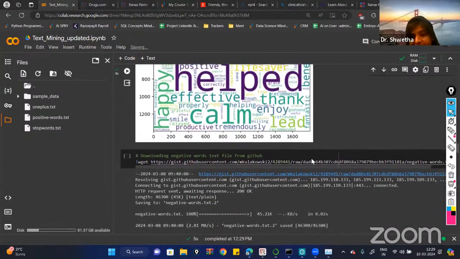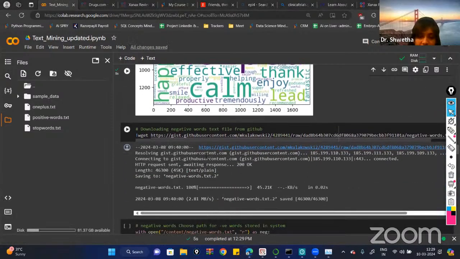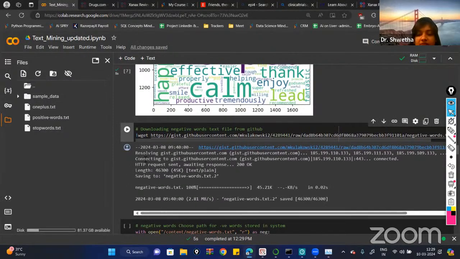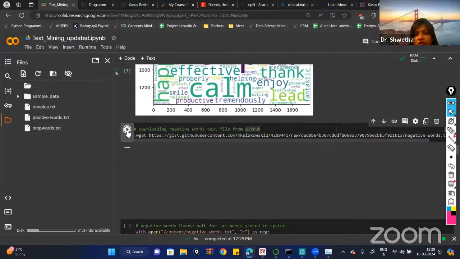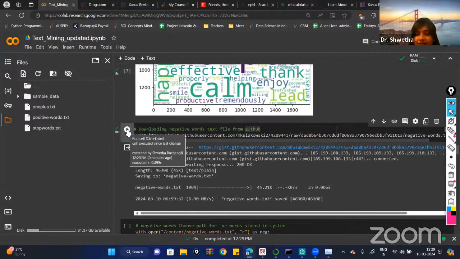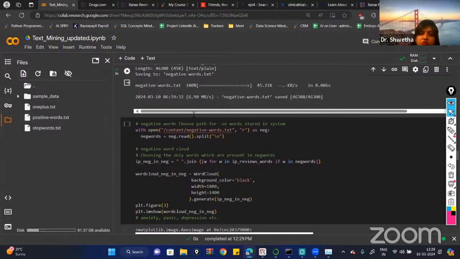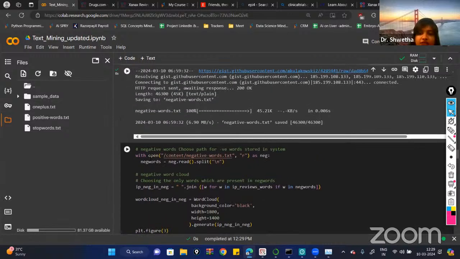Next, in the same way, we can build a word cloud for the negative sentiments too. Okay, so downloading the negative words text file from GitHub. If you want any new words to be added which are not in that text, you can create a document and then upload it so that the new things will get updated and then use it.